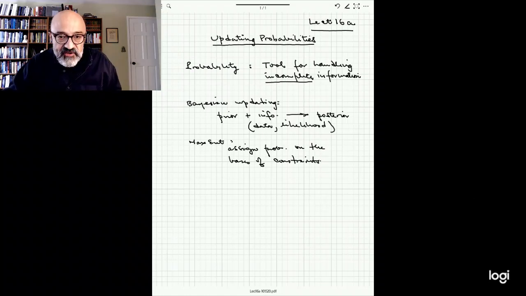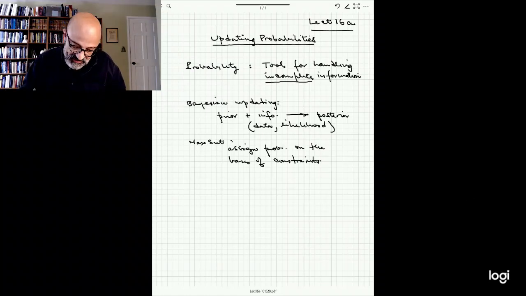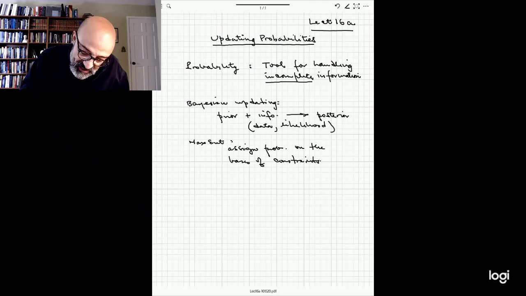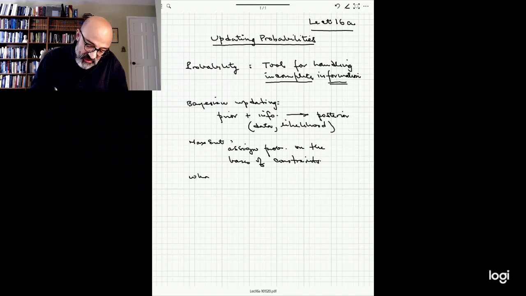So here we have two interesting examples that tell you what precisely we might actually mean by information. What is information? One possibility is data. Another possibility is various constraints.